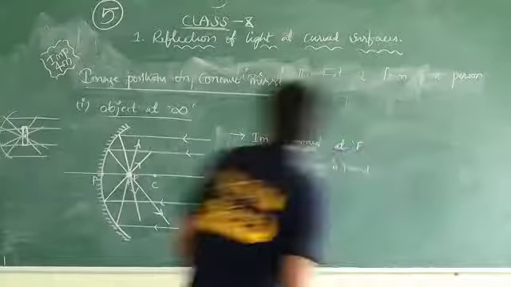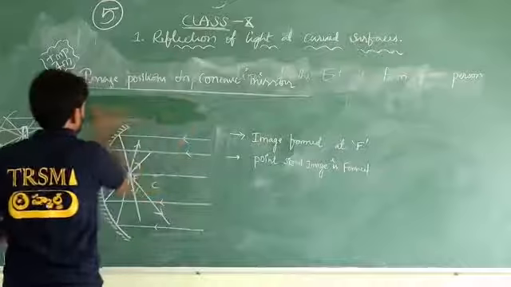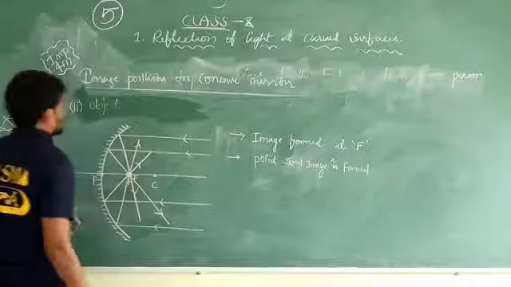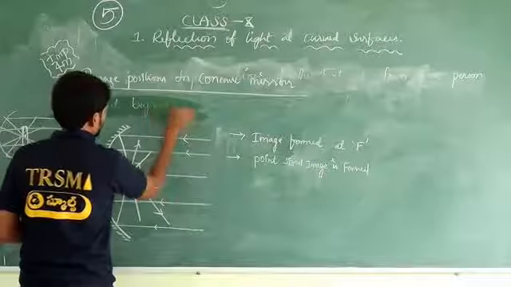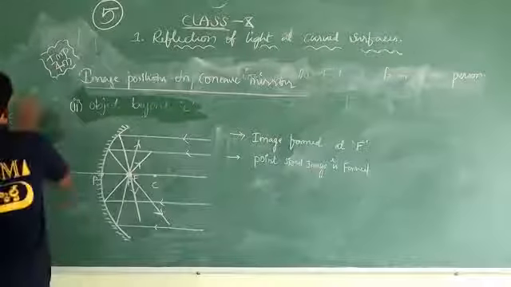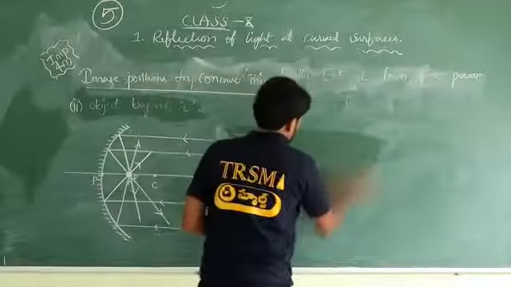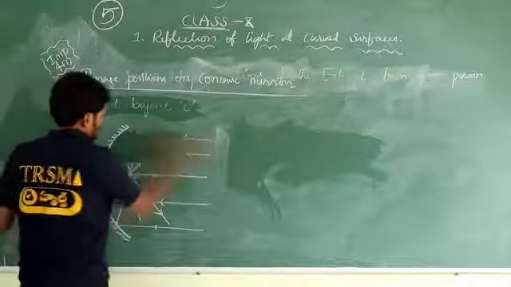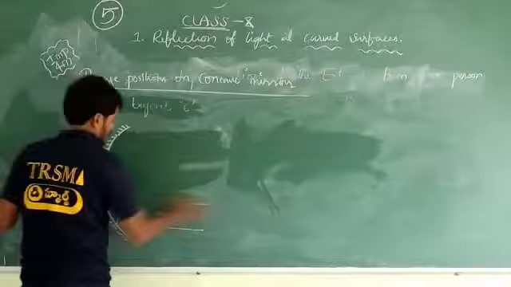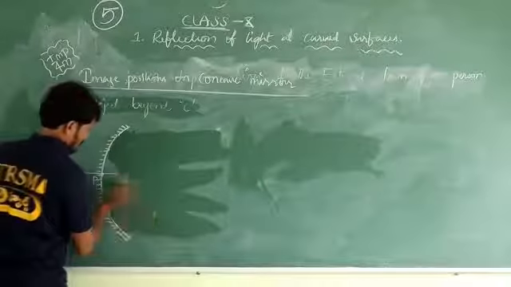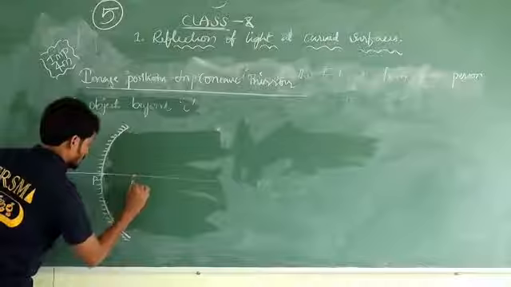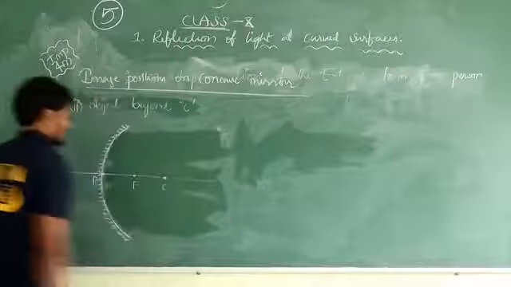Go to the next position. The second position is object beyond C. Here are F and C, focus and center of curvature.